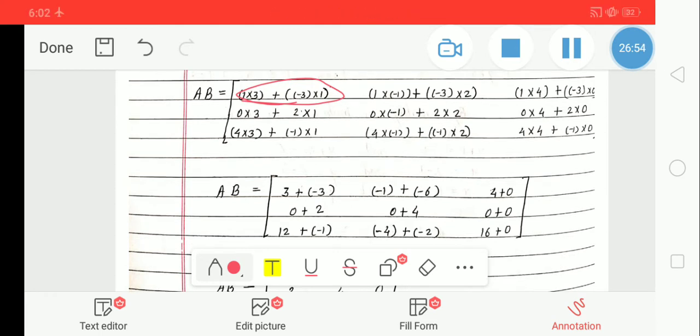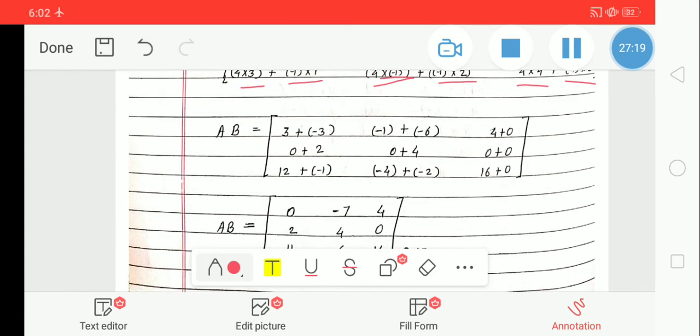So here 3 plus minus 3, here value is 0, here value is minus 7, 4, 0, here 0, 2, 0, 4, 0, 0, because 0 multiplied by any number is 0, so 12, here minus 1, here value is minus 4, then minus 2, 16 and 0, we can write in this form.